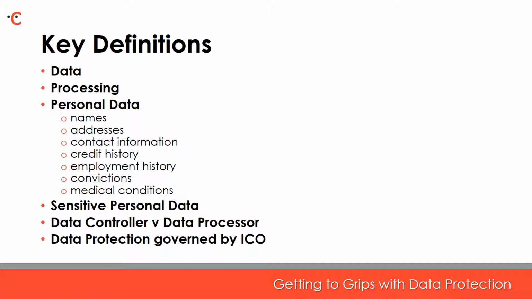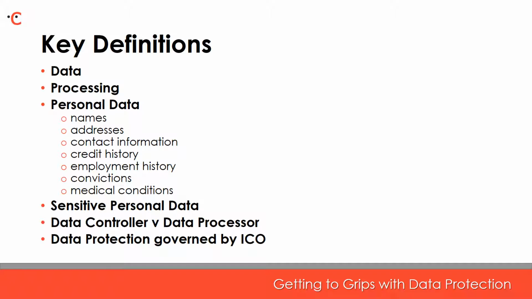Search tools are an obvious example of this. If you search on Outlook or on Google for Mike Hibberd, all of the information you find there will be personal information. Processing is also defined by the Act, and it's defined very widely. It includes obtaining, recording or holding information or data, or carrying out any set of operations on the information or data. In practice, this covers everything, certainly when it comes to online records.